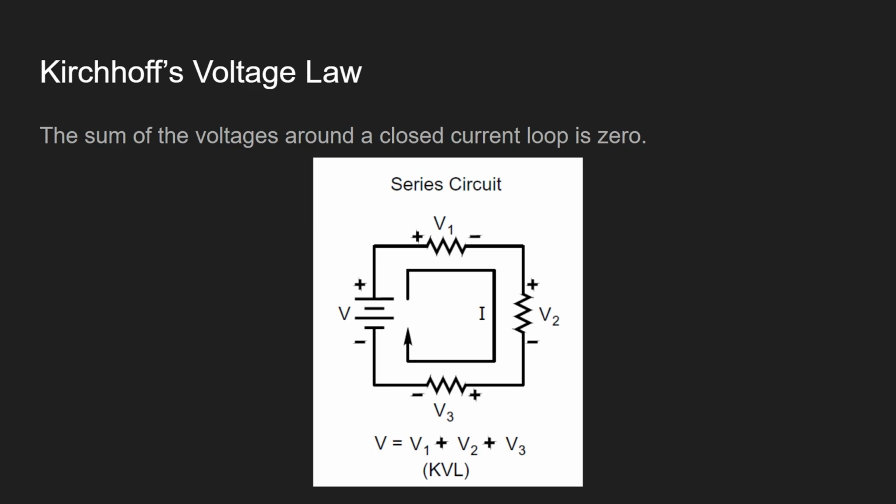And for Kirchhoff's voltage law, in a loop, which is a series circuit, the potential difference in every component adds up to the same as the voltage of the source. Okay.